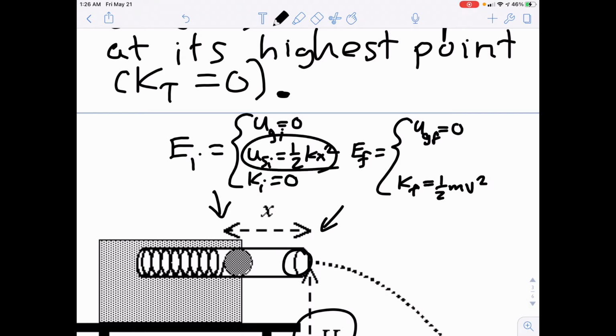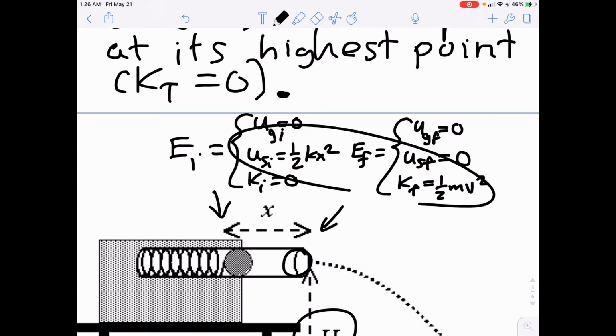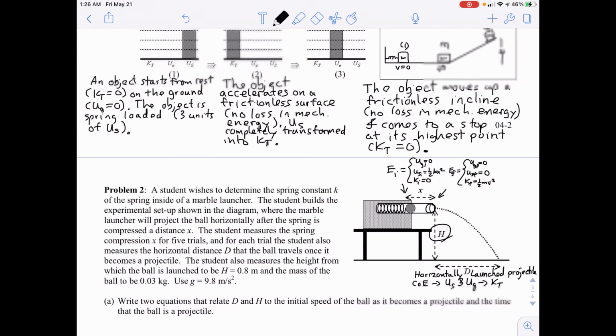And since the spring is no longer being compressed, the spring energy converts to 0. So we're going to be using these to set up part of the problem at a later point. But it's good to initialize your problem with the energies at an initial and a final point before you even engage with the problem. It just gets you thinking about where the problem will head once you get there.